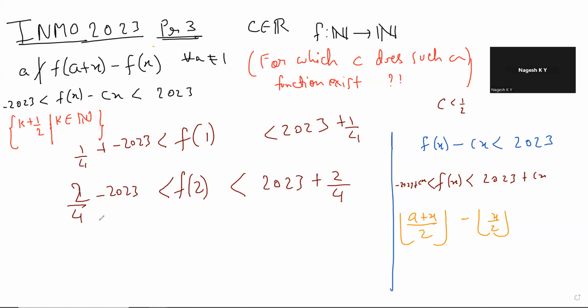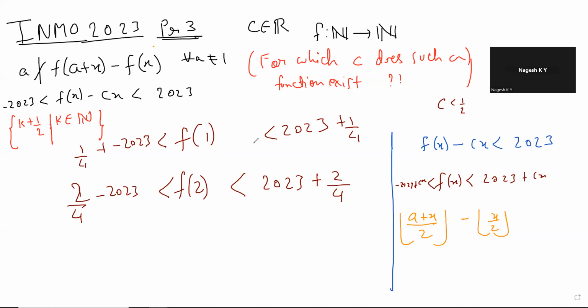What I want to say is that the possible values for f of n plus 1 is not one more than the possible values for f of n. Is that making sense?